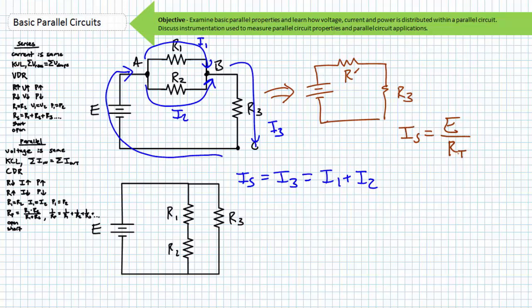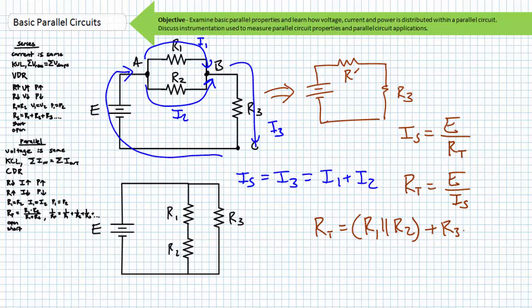We could rearrange this equation to solve for RT, where RT equals source voltage divided by source current, where RT must necessarily be our original calculation of RT, R1 in parallel with R2, and then taken in series with R3. I must reiterate, I have not introduced any esoteric weirdness, legal mumbo-jumbo, nor double secret black magic. All these properties kind of make sense if you visualize circuits at the nodal level and from the perspective of flowing current.